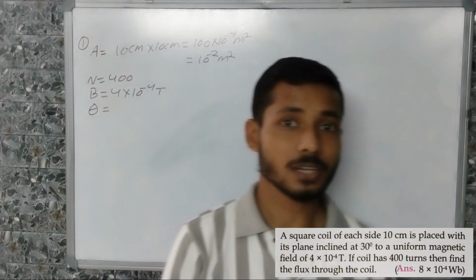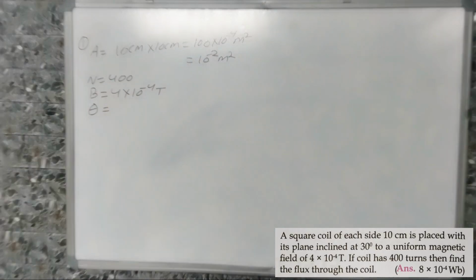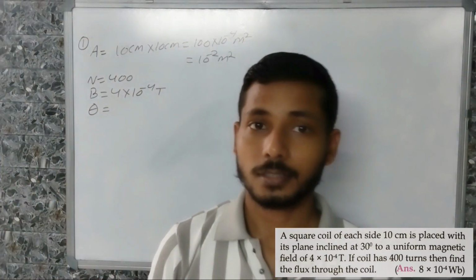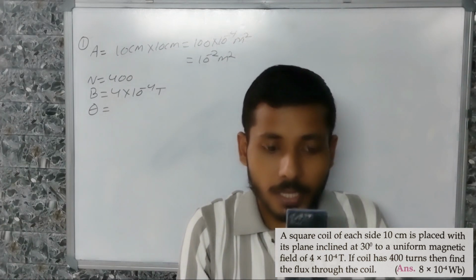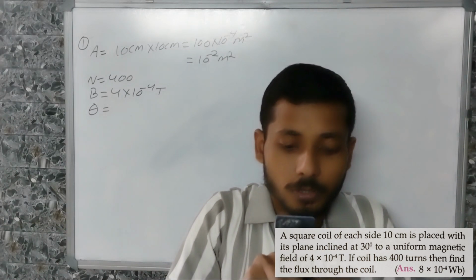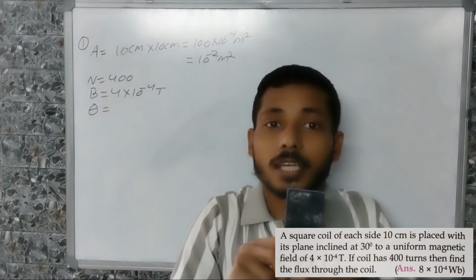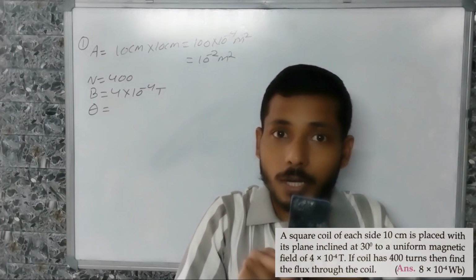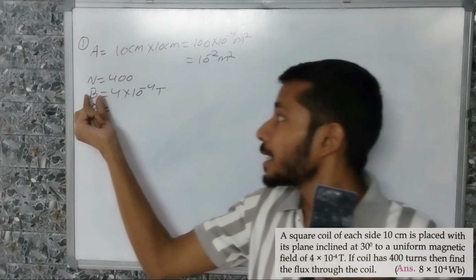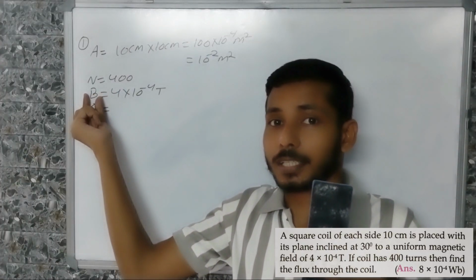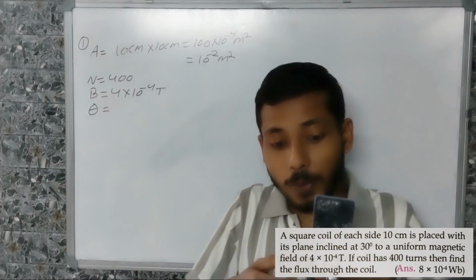No, angle theta is not 30 because if अगर a plane है and this is the aerial vector, but it gives the magnetic field is 30 degree to the plane.